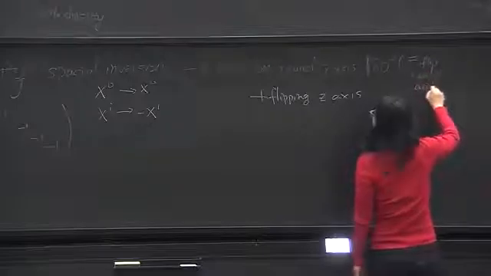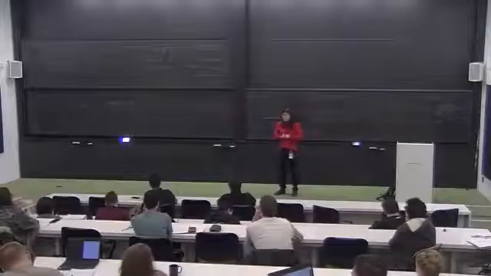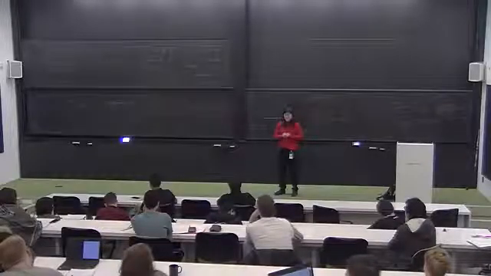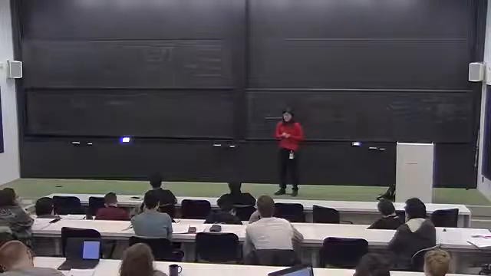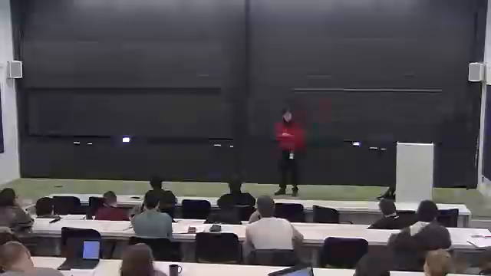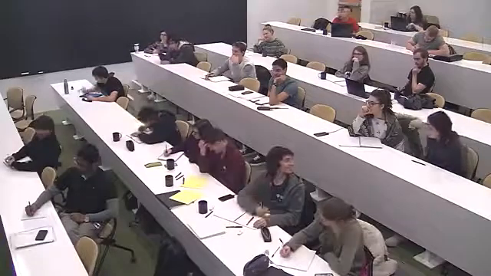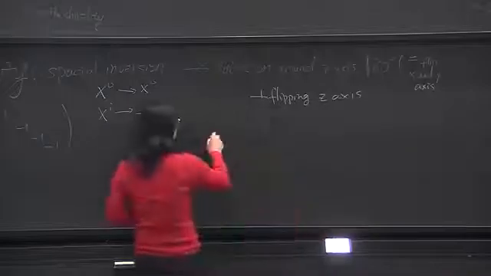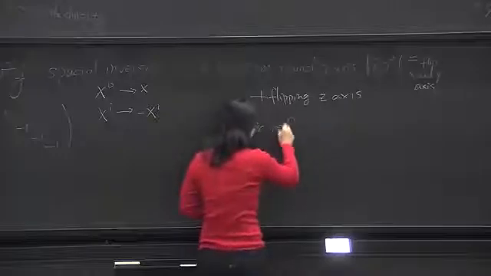Okay, so flipping one axis. This is good. This is related to our real life. Do you know anything in your real life that you use approximately every day that does it for you? Mirror. Yeah, a mirror. So instead of studying this spatial inversion thing, what we actually want to study is called a mirror reflection.